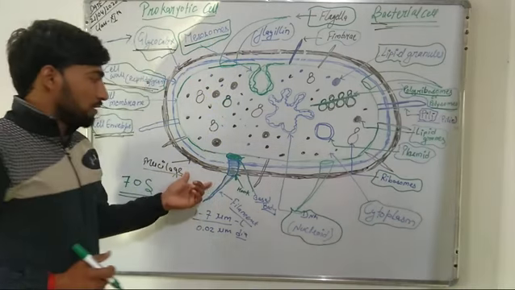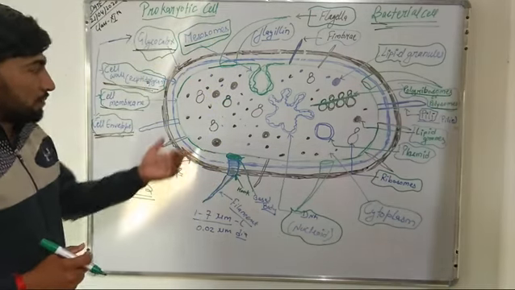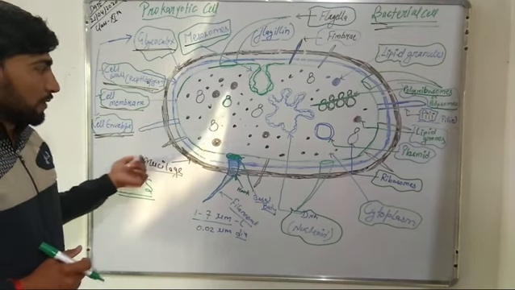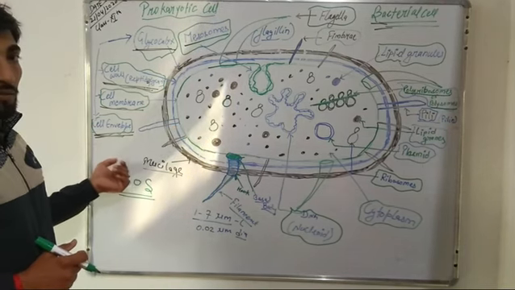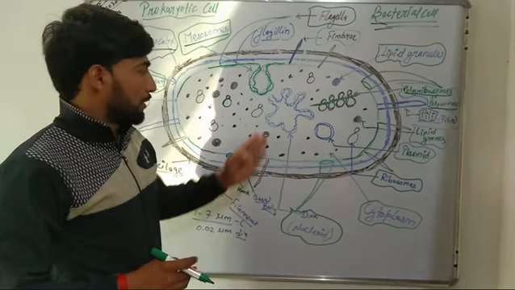Now our next cytoplasmic structure is the nucleoid. This nucleoid is the genetic material of the bacterial or prokaryotic cell. Though it is the genetic material of the bacterial cell, it is not bounded by a nuclear membrane. It is present as such in the cytoplasm, and that's why it is known as nucleoid.